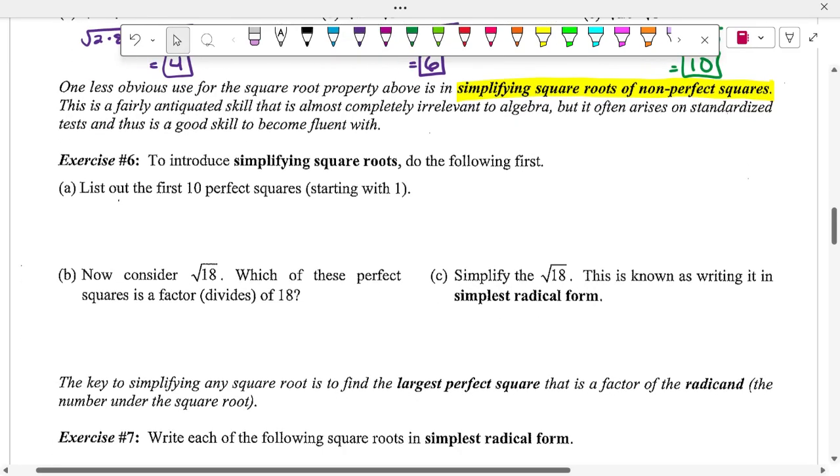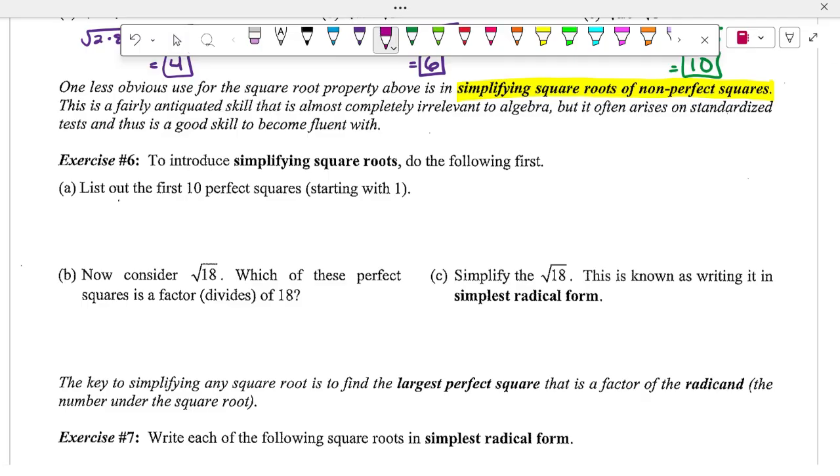All right, so let's see if y'all can list your first 10 perfect squares. So what's the first one? 1, then 36, then 64, then 81, 100, and that's it.